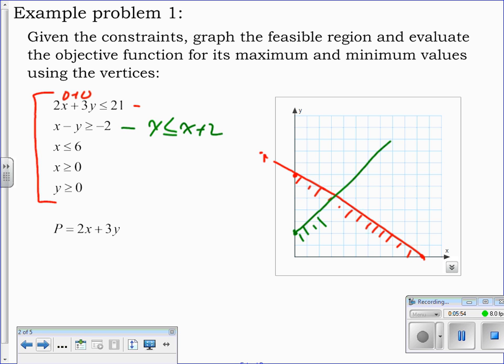So it's everything on this side of the line. Okay, x is less than or equal to 6. That's an easy one to do. 1, 2, 5, 6. And I want everything less than that.